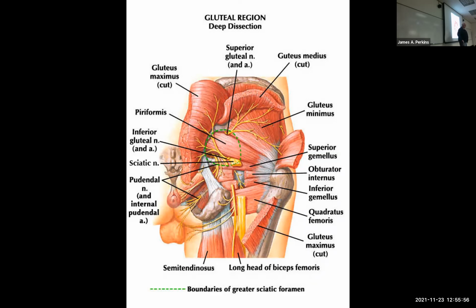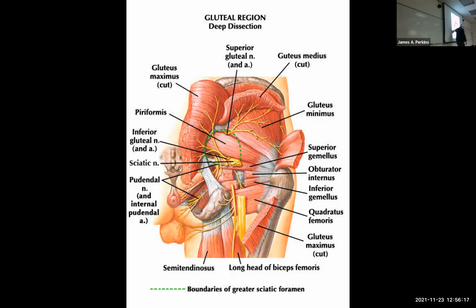So remember that means rotating the thigh so the toes point away from the body laterally. So they're pulling the greater trochanter medially here and back, but that's going to have the effect of rotating the thigh so the toes point laterally away from the body.